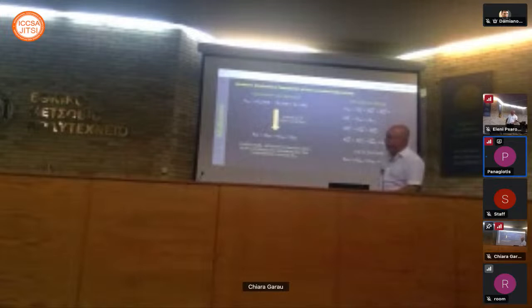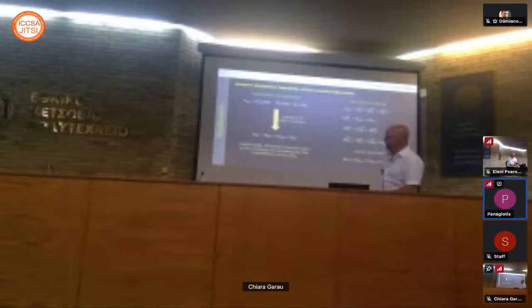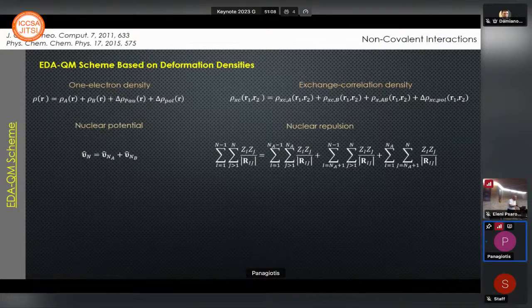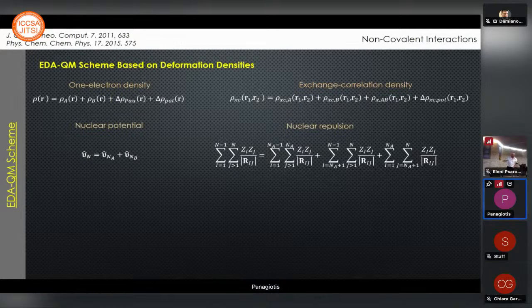Well, our scheme, our methodology, the one we have developed in our lab, is based on the fragmentation of the total electron density into isolated fragment electron densities and deformation densities associated with the different non-covalent interactions. It takes profit of both approaches, variational and perturbational, because we use a variational scheme to obtain electrostatic, Pauli repulsion, and polarization, and then we apply the second order perturbation theory to split this polarization into induction and dispersion.